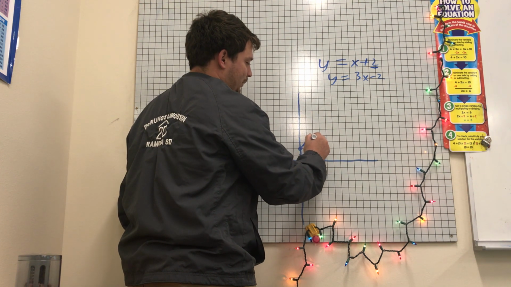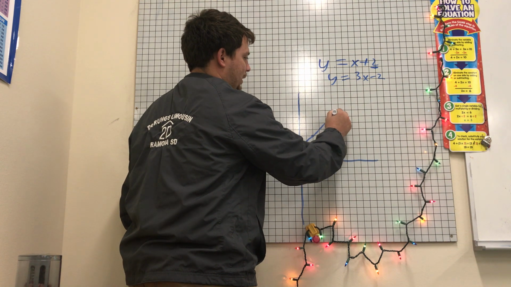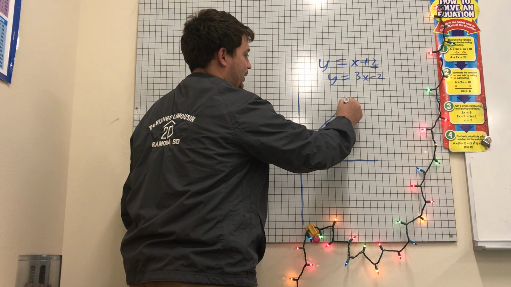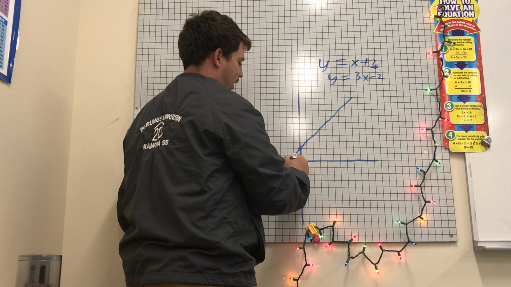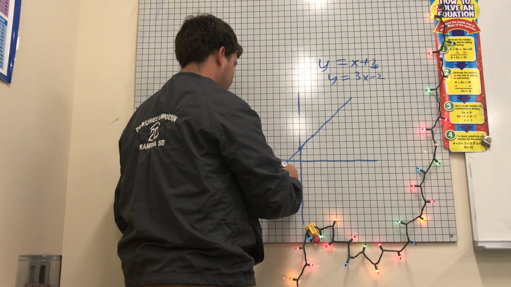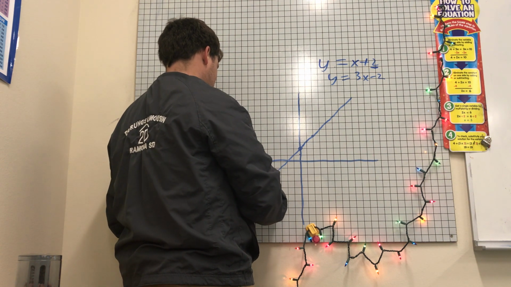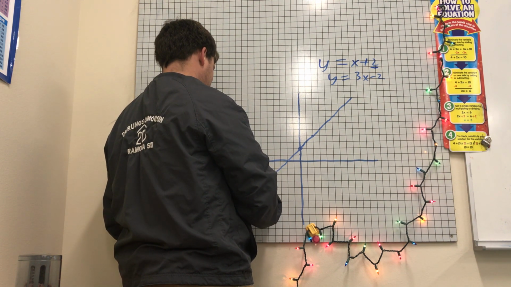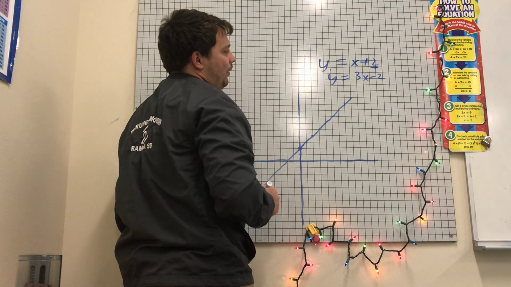Obviously, it's a positive 1, so we are going up and to the right. If it was negative, we'd be going down and to the right, or up and to the left. Right now, I am going down and to the left, because two negatives make a positive. Alright, so that got me that one.